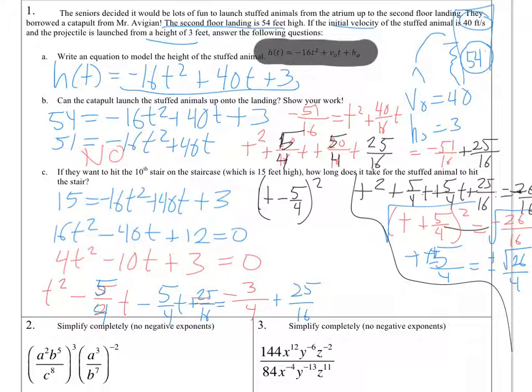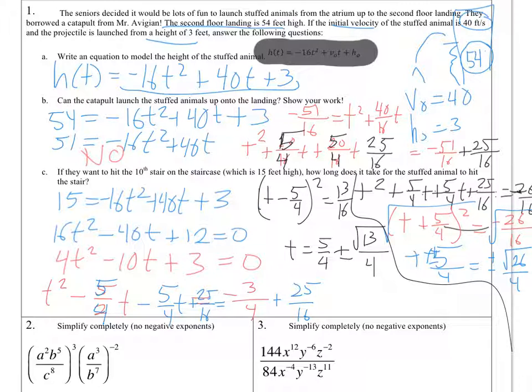Okay, just checking. If you didn't pay attention to that, that's okay. 3/4 is the same as 12/16, so we end up with 13/16 on the right side. Square root both sides. Add 5/4, we get 5/4 plus or minus the square root of 13 over 4.